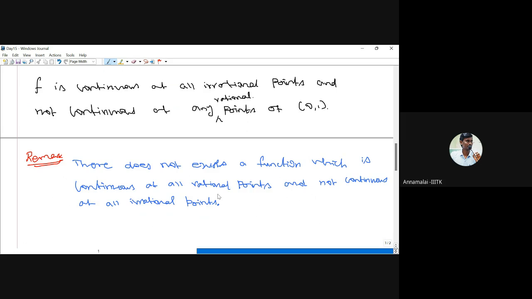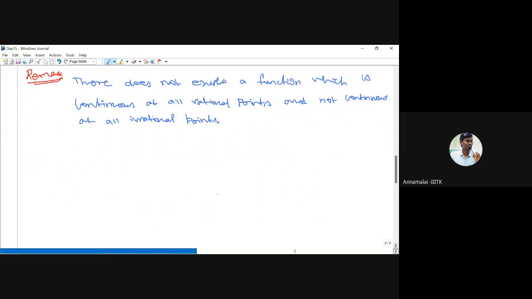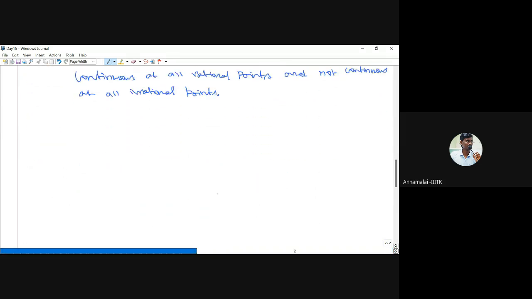Now we move to the applications of continuous functions. The important one is the intermediate value theorem. So, a very important application of continuous functions: the intermediate value theorem.